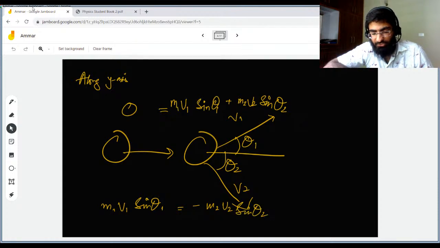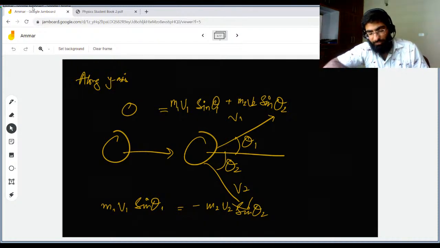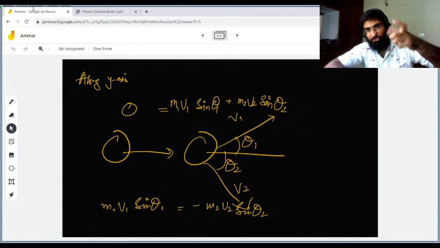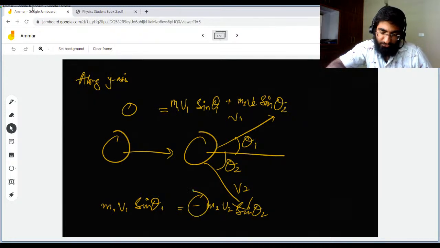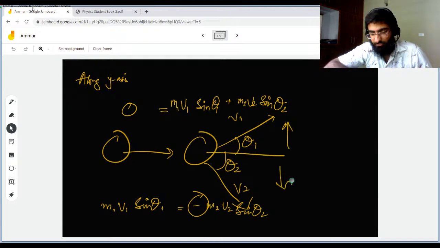If the angles at which they split off are the same, the velocities are almost mirror images of each other. In this particular collision, the minus sign only denotes the velocity in the opposite direction. This one would have a y component in this direction, and this one in the other direction. Not always the case, but in some cases we get this. Obviously it depends on v1, v2 and theta.